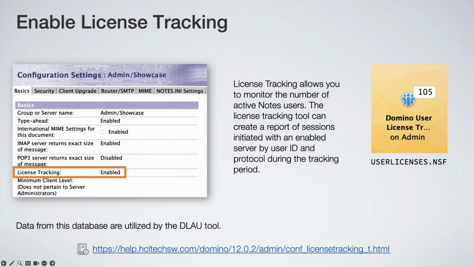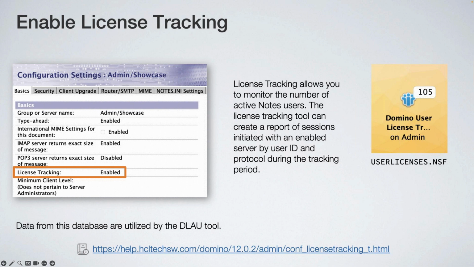And the information is used in the DLAU tool, the Domino License Analytics utility, that you now use if you want to measure and check the number of active users that use your system. So it is just one click. Please check in your systems if you have this license tracking enabled.